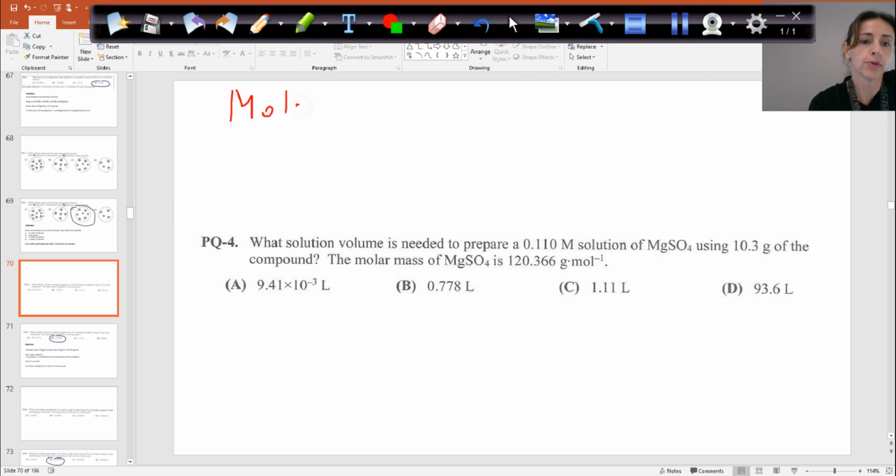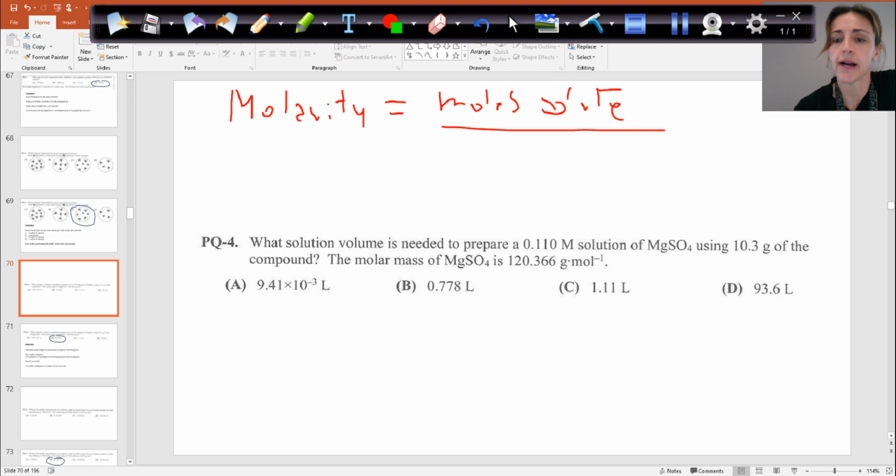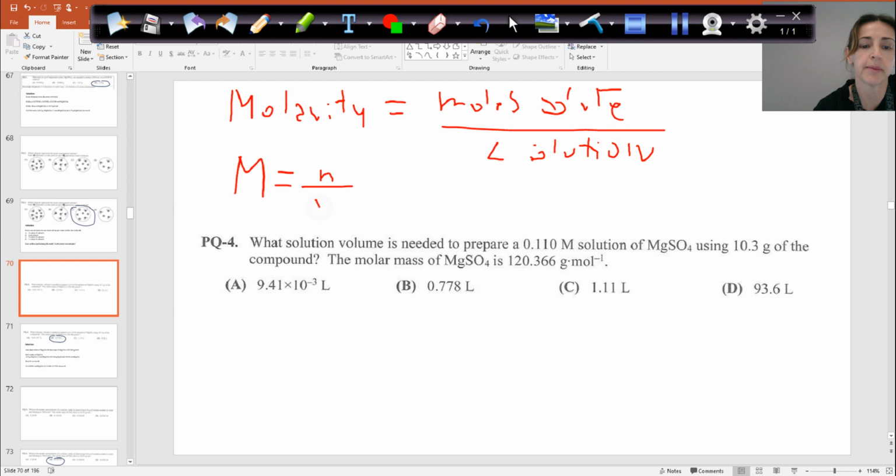So the symbol is molarity. What's the formula for molarity? So it's moles of solute divided by liters of solution, right? So we need to find what? In short, molarity is moles divided by volume.